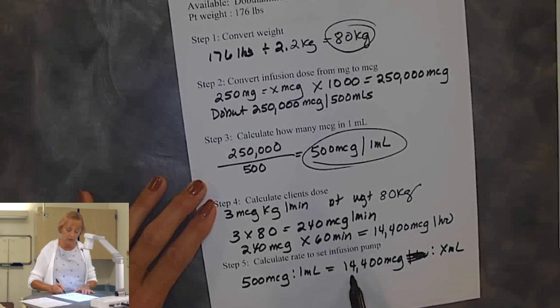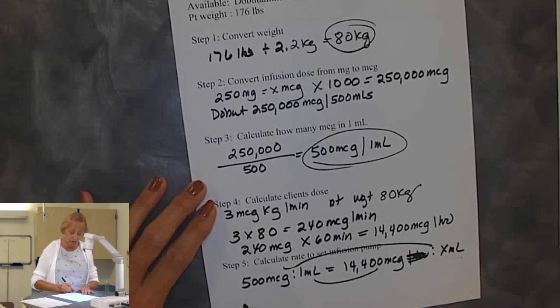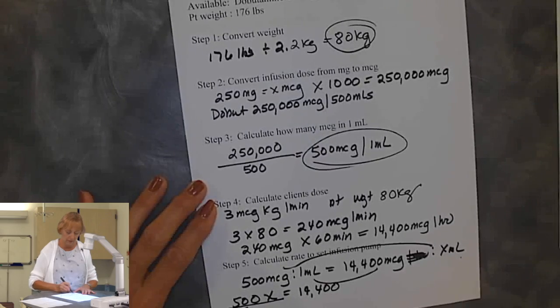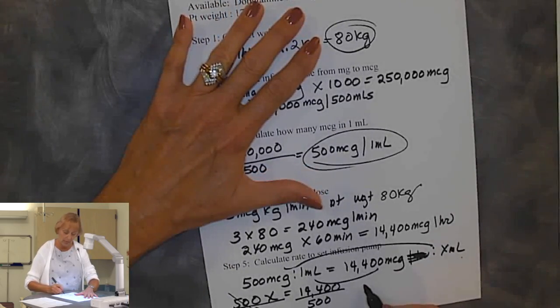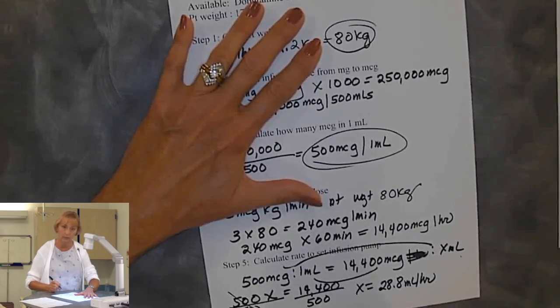Skip that. 1,440 is the X mLs. So back to your means and your extremes. 500 X is equal to 14,400 mics. So you take your 500, so you can cancel out, so you have X. And then you put your 500 on the other side to make it work out. And so X is equal to 28.8 mLs per hour.